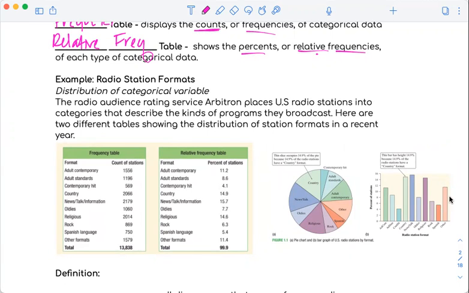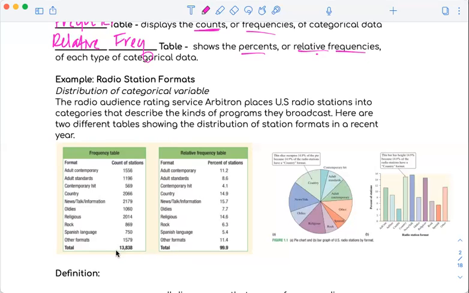Here are two different tables showing the distribution of station formats in a recent year. So these are all of our radio stations. I'm assuming all of the radio stations because it's a lot. And then we have the different classifications of radio stations, and the frequency in which they occur.